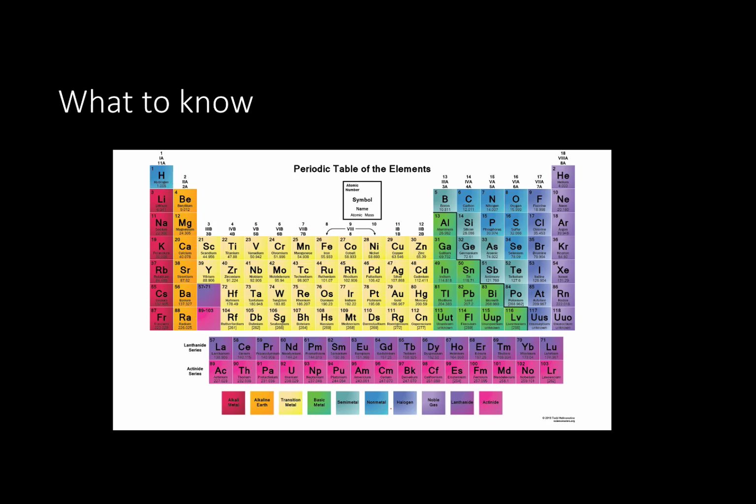A couple of things I want you to know. I don't want to get too extensive here, but here's what you want to know. First of all, you have all of these groups here. Group 1, 2, 3, 4, 5, 6, 7, 8, 9, 10, up to group 18. The groups are columns, and in rows are periods.